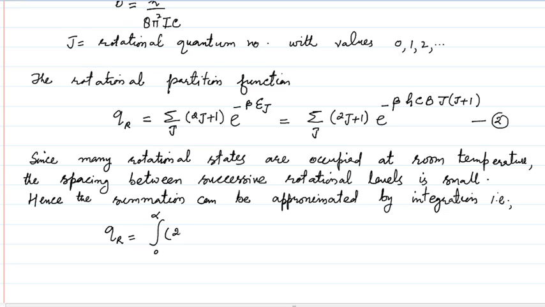We will give the limit here, degeneracy, and e to the power minus beta h c B j into j plus 1, with respect to dj. This is equation third.